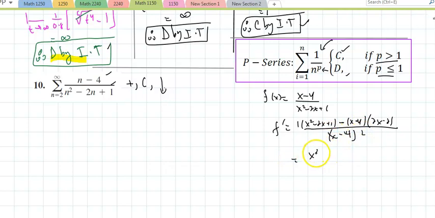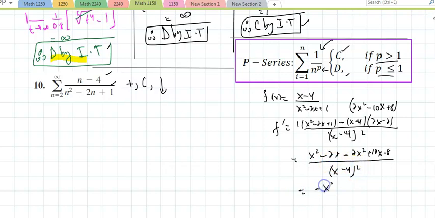That would be x squared minus 2x plus 1, and this is 2x squared minus 4, minus 2, minus 8 is minus 10, plus 8, and there's a negative in front, so you distribute that in, and you end up with a negative 2x squared plus 10x minus 8 all over x minus 4 squared.